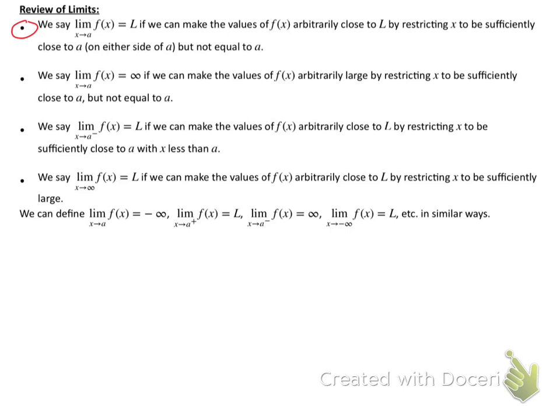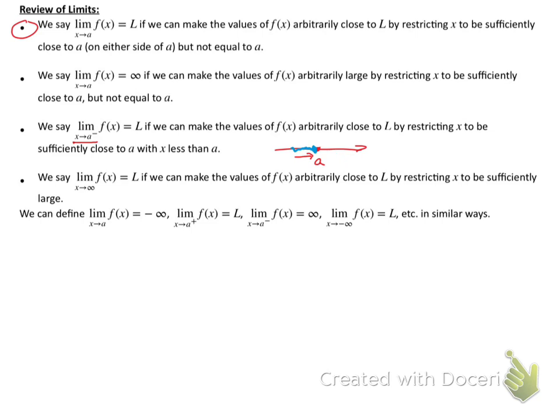Then sometimes we talk about single side limits, left side limit or right side limit, where we let x approach a from the negative side. So this is a, and your x only goes this way. Your x is like here and gets closer and closer to a, but you don't have the right side.